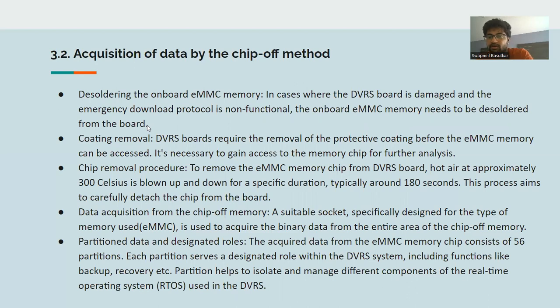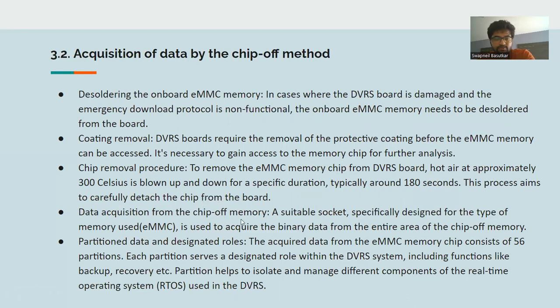Then there is the coating removal to gain the necessary access to the memory chip. Then in the chip removal process, you blow hot air at 300 degrees Celsius for approximately 180 seconds to detach the chip from the board.